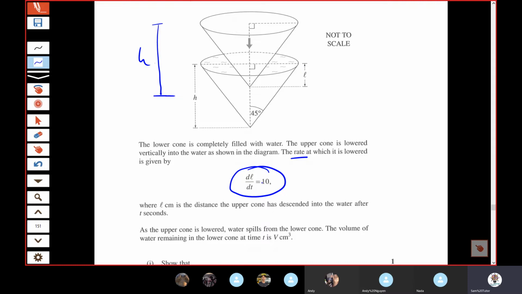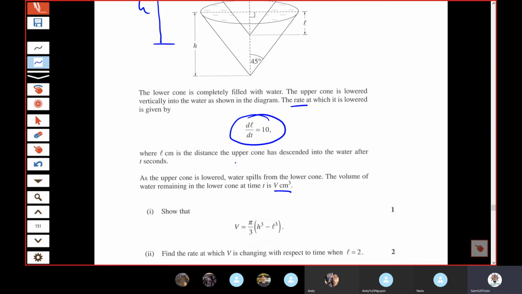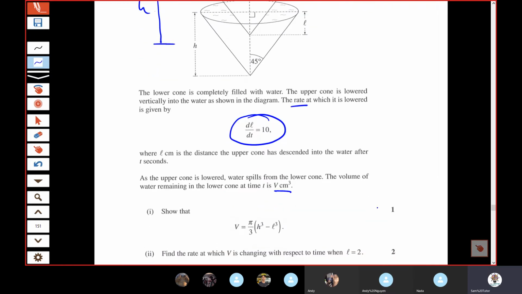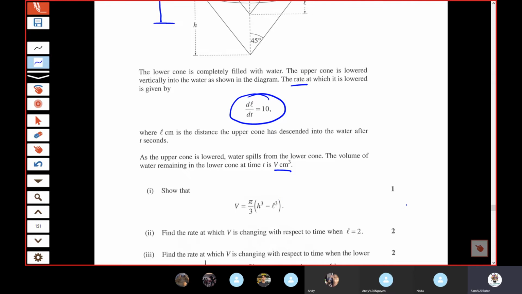As the upper cone is lowered, water spills from the lower cone. The volume of the water remaining is V. Show that V is this. Now, because it's question 7, you guys can't look at one mark as one mark. Sometimes a mark can be a page when you're at the end of the paper.